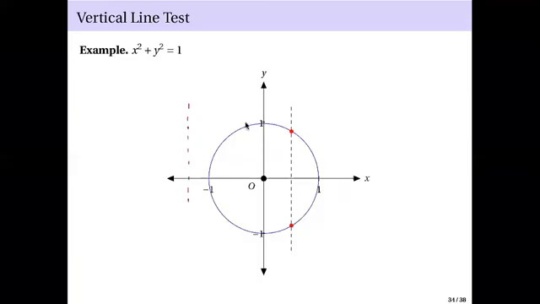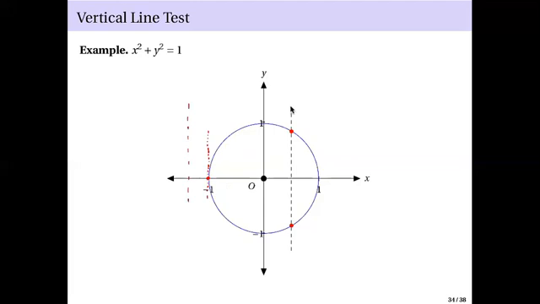This vertical line does not intersect the circle, but it does not prove anything. If you get the vertical line x equals negative 1, it will intersect the circle at this point only. But it's not enough to prove that this is a function, because you need to consider all vertical lines.